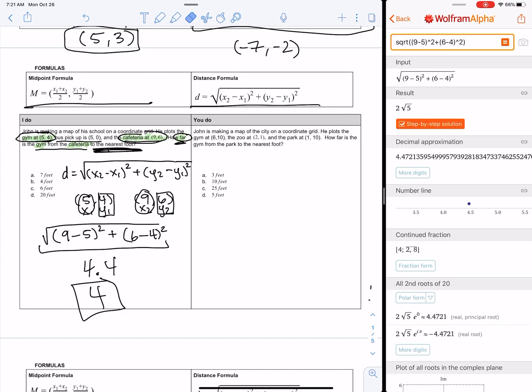So we have, John is making a map of the city on a coordinate grid. He plots the gym at 6, 10 and the zoo at 2, 1 and the park at 1, 10. How far is the gym from the park? So we're dealing with the gym and the park. We're dealing with far. If we're dealing with far, am I going to use the midpoint formula or the distance formula? Very good, distance formula.